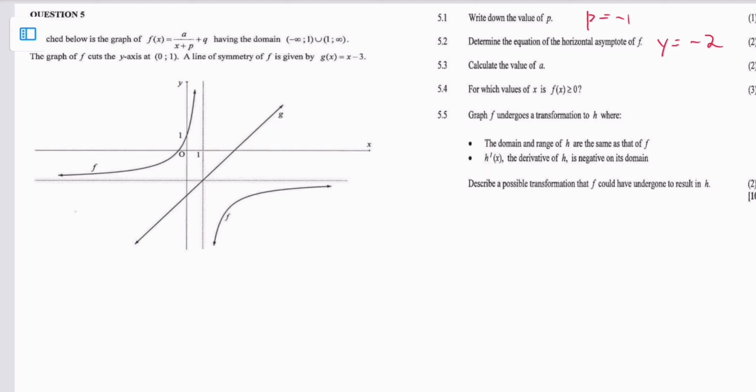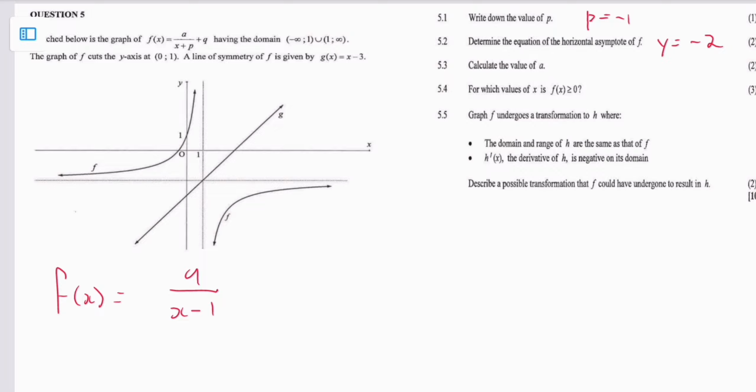The 5.3, the question is calculate the value of a. Okay, so a few things that we know. So let's write what we have. f of x is equal to a over x plus b, which is -1, plus q.